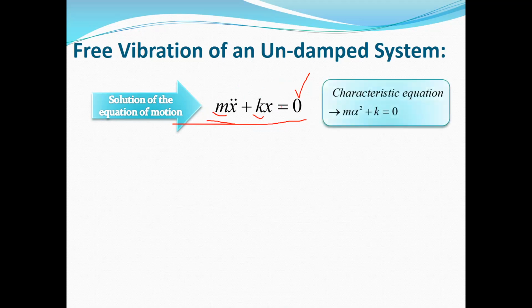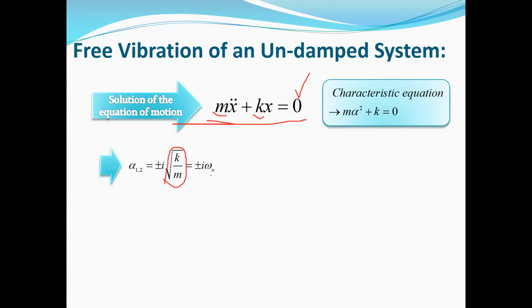The characteristic equation for this ODE is M times alpha squared plus K is equal to 0. This is an algebraic equation of order 2. Easily you can solve it. Alpha 1 and alpha 2 are equal to plus minus i square root of K divided by M, and this term is called omega n, or the natural frequency of the system.